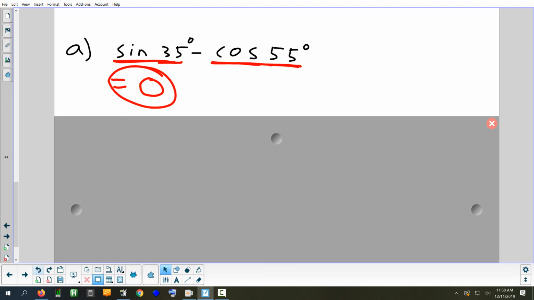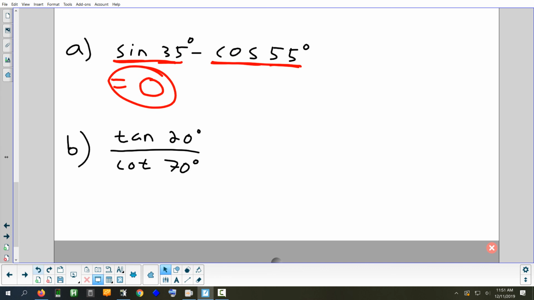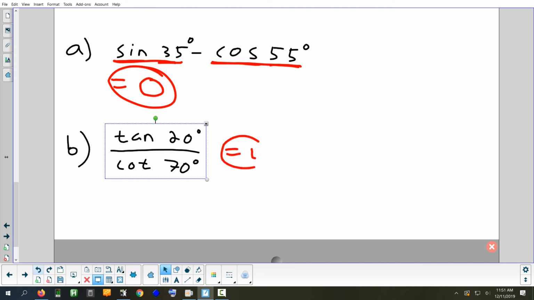So it doesn't work with addition. It works with division. Tangent, cotangent, cofunctions. 20, 70, complementary. So what's the answer there? 1. Again, I have no idea what the tangent of 20 is. I'd need a calculator. I don't know the cotangent of 70, but I do know they're the same. So it's a little trick just to simplify problems like that. Any questions on that?